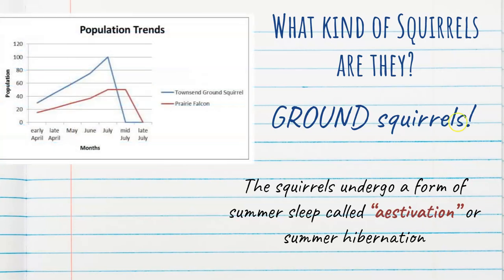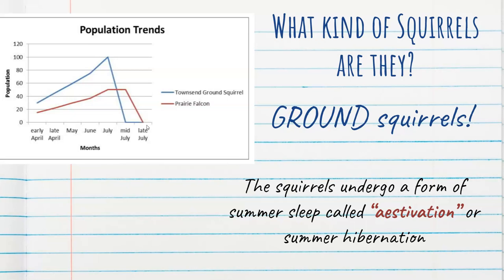And so when it looks like they went to 0 and they all go underground and there's no prey, these falcons are flying around, and they don't see any prey, and they leave. So if you thought that your squirrels and falcons died and went to 0, it's actually not what happened. The squirrels went underground, hibernating, and the falcons left the area because they didn't have any food.